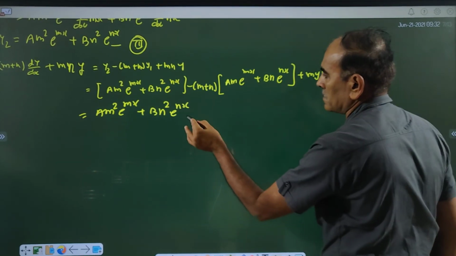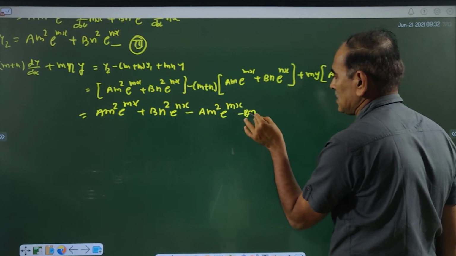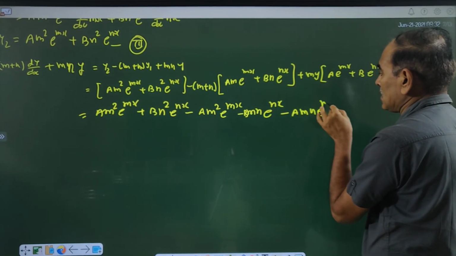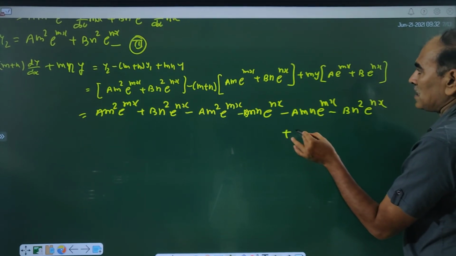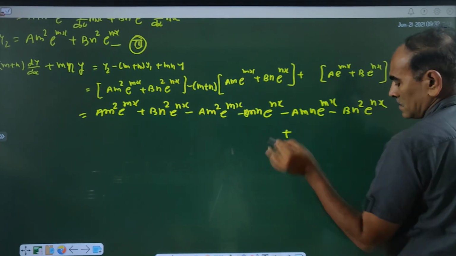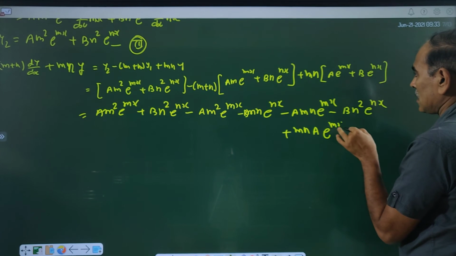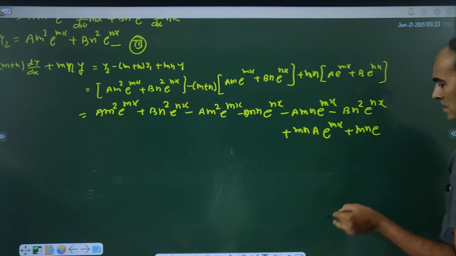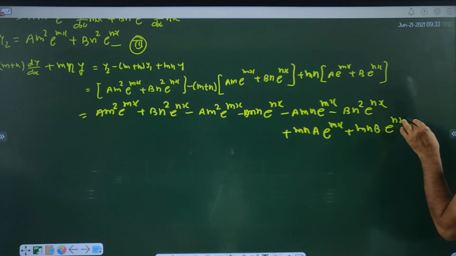First of all, multiply by (m plus n): minus am square e raised to mx minus bmn e raised to nx minus amn e raised to mx minus bn square e raised to nx, plus mn y, so mn a e raised to mx plus mn b e raised to nx.